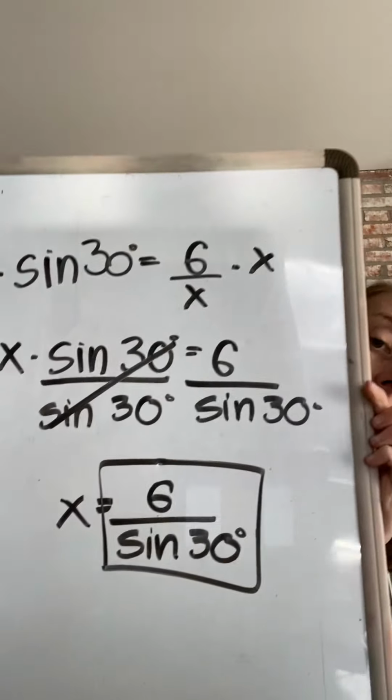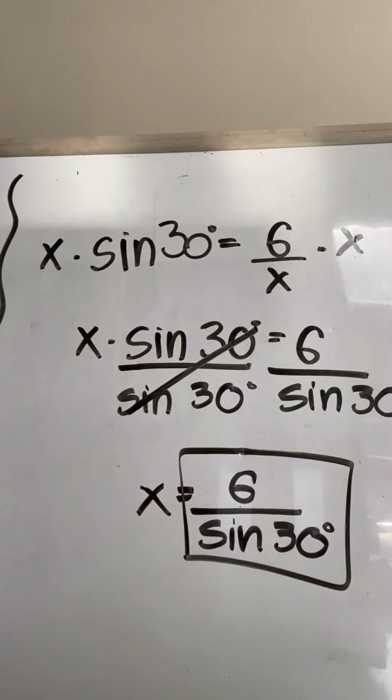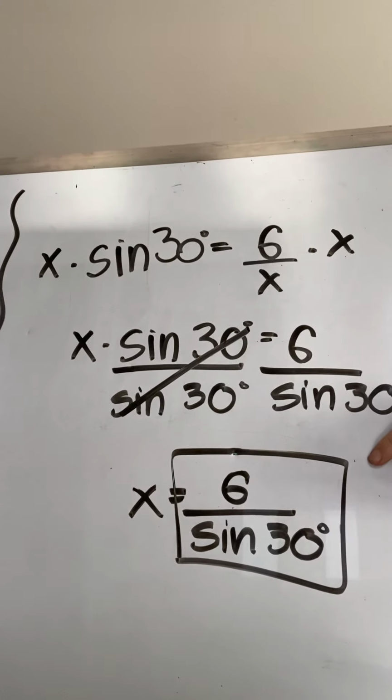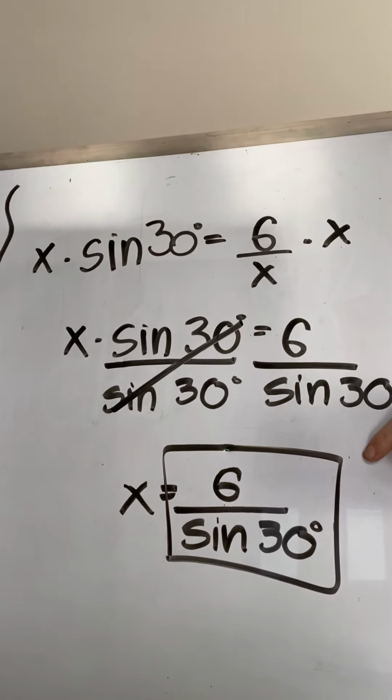The other type of problem that you may see, that one that I just did was multiplication. The other type that you might see is division, where instead of doing down here at the bottom, where you do 6 times the sine of 30, you do 6 divided by the sine of 30. So I'm going to show you how to enter that one as well.